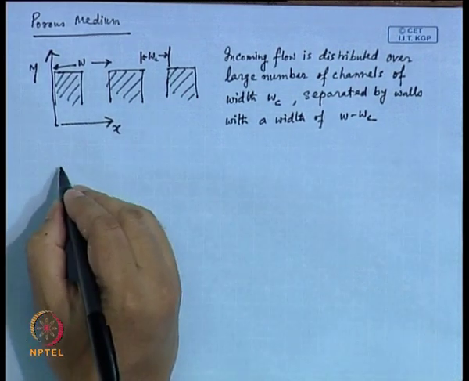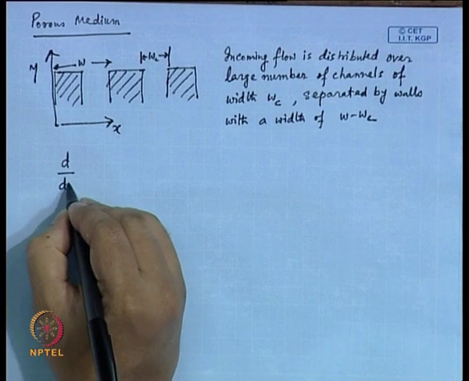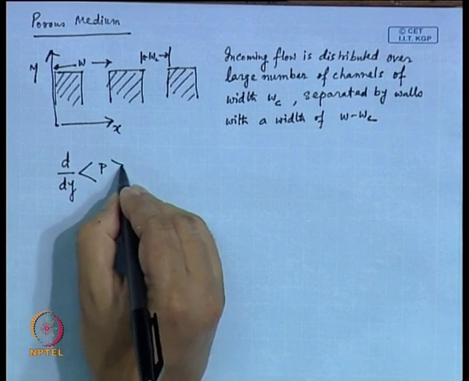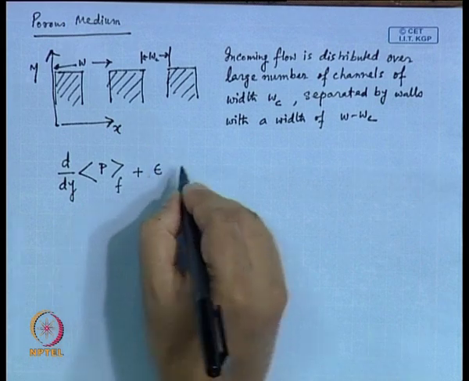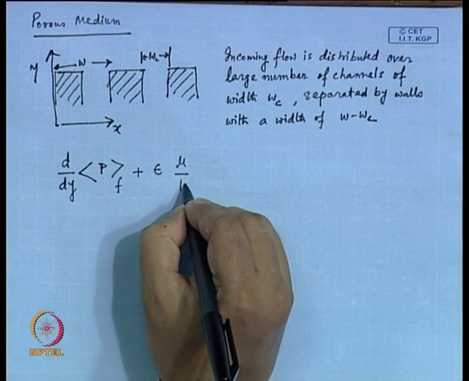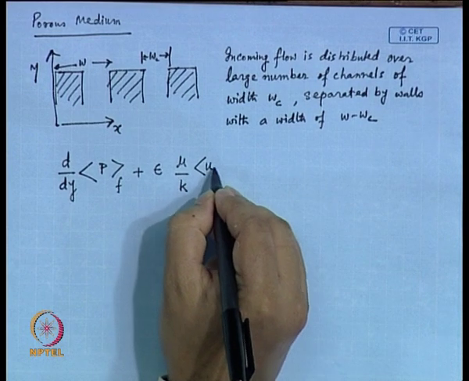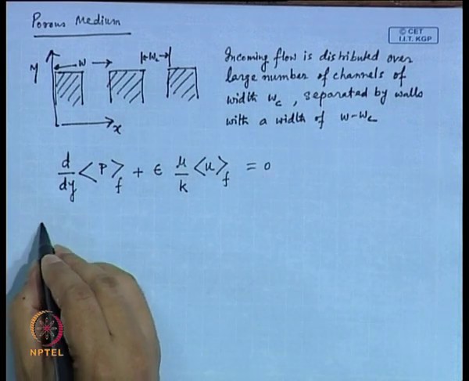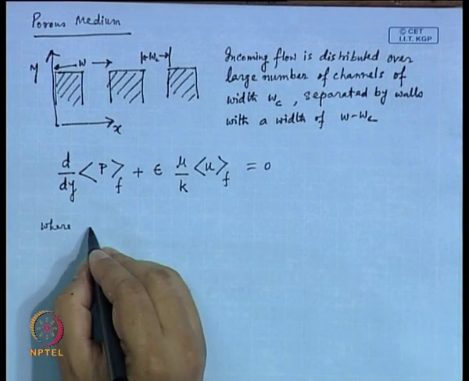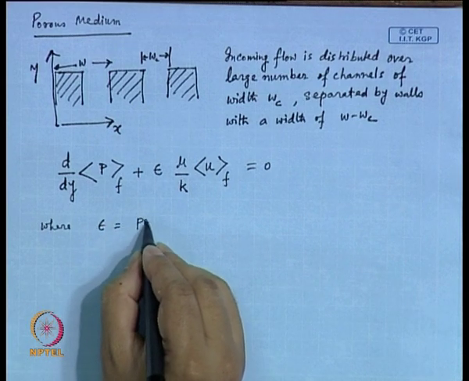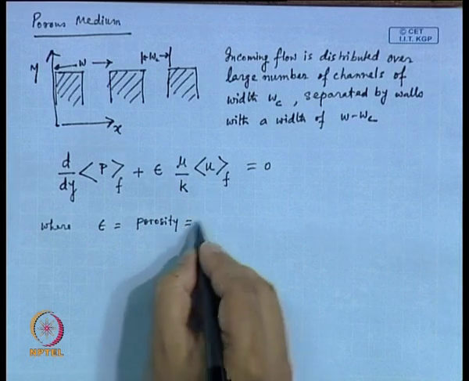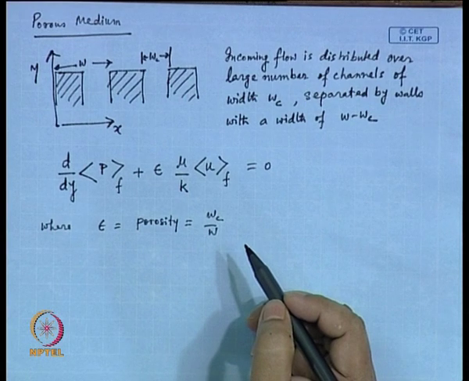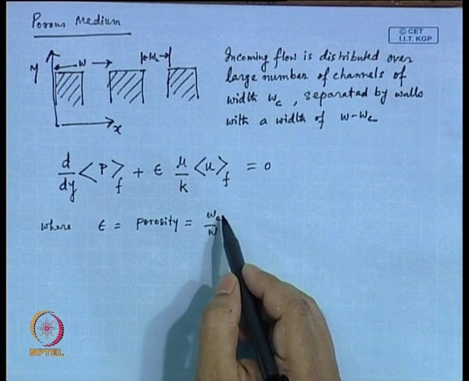If we apply that, it would appear like this: d/dy of (P_f plus epsilon mu divided by k u_f) equals 0, where epsilon is the so-called porosity, which is W c by W. Basically, you have another dimension added to it.